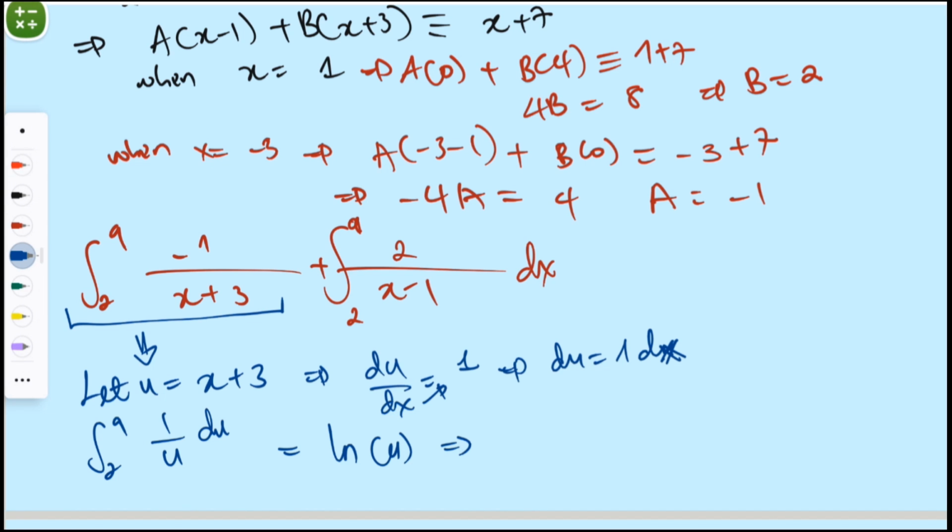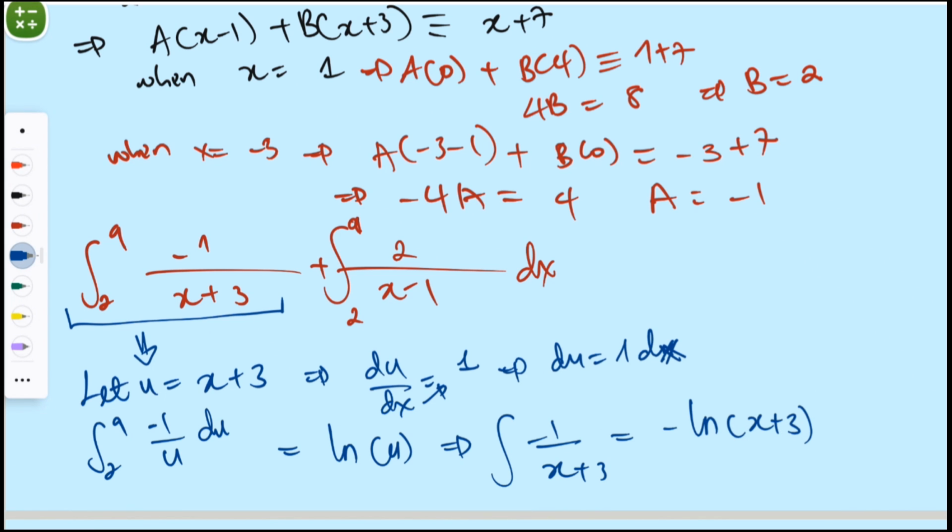So in this case, our final integral for this, a is -1 by the way, for -1 over x plus 3 should be equal to negative natural log of x plus 3.